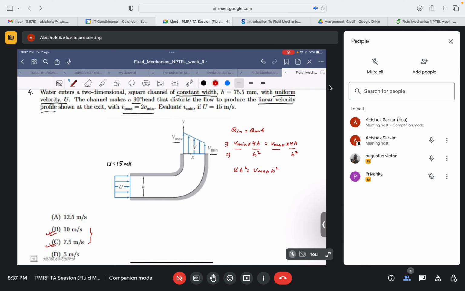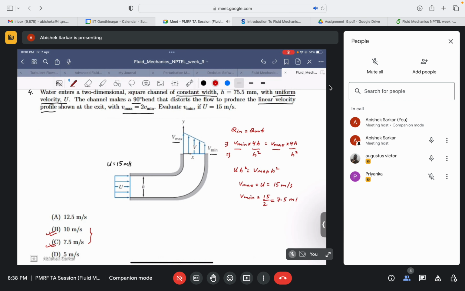Then you get v max. Then V max I substituted as 2 V min. Basically you will get v max equal to u, which is 15 meter per second, right? Then v min would turn out to be 15 by 2, so it will be 7.5.